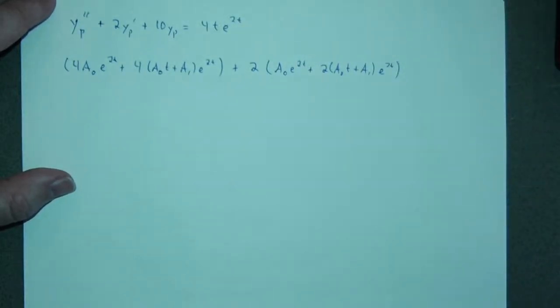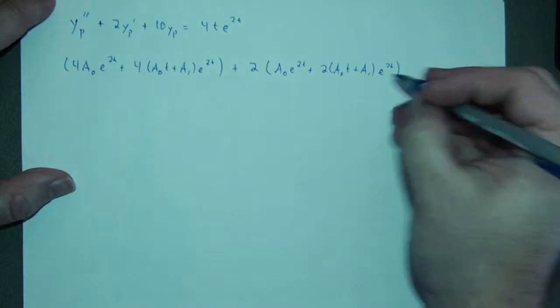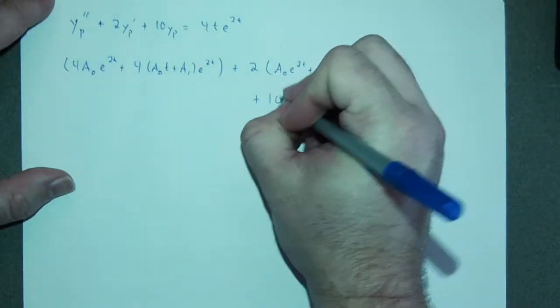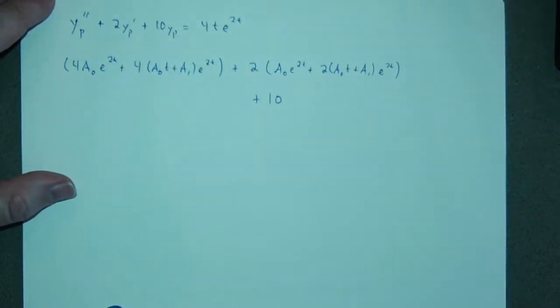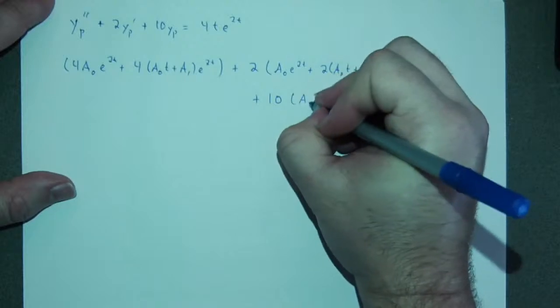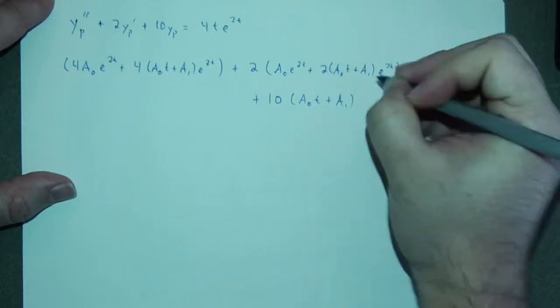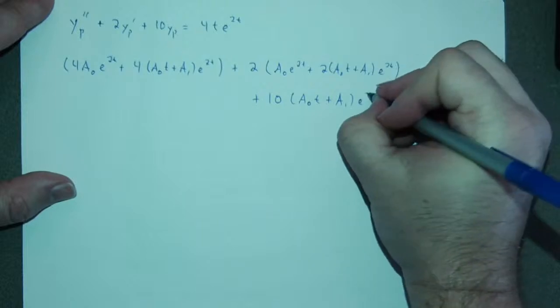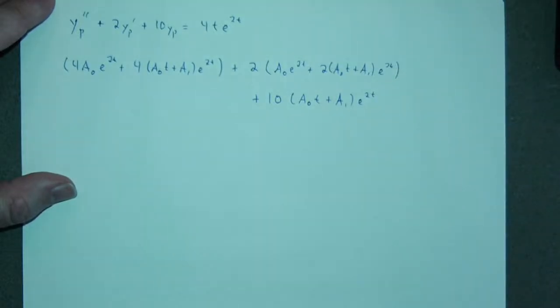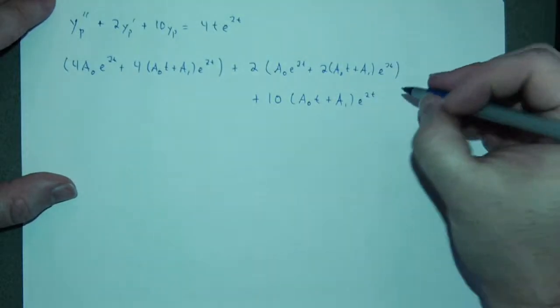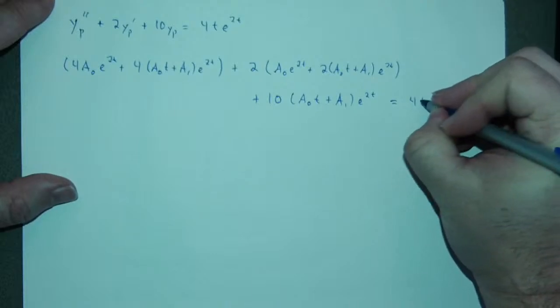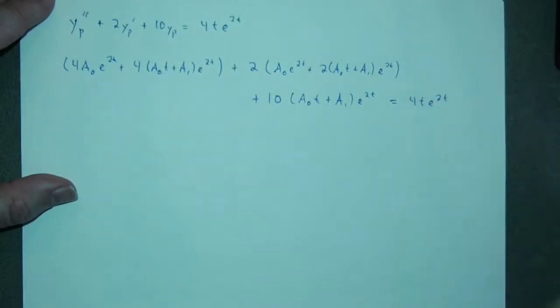Plus 10 times y sub p, which is a0 t plus a1 e to the 2t. Okay, and all that has to be equal to 4t e to the 2t.